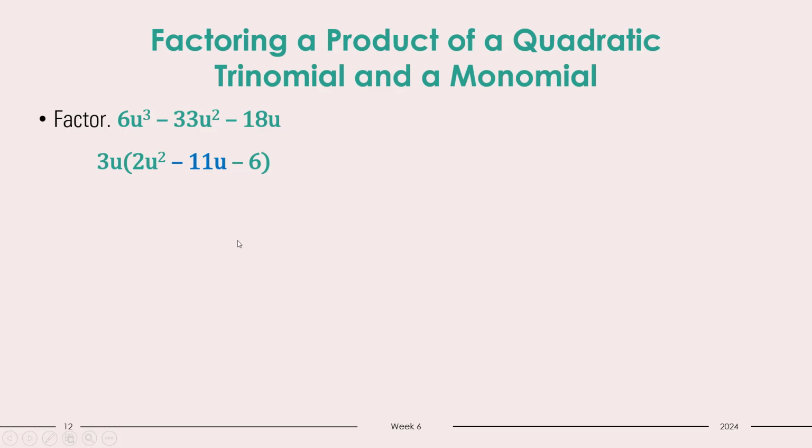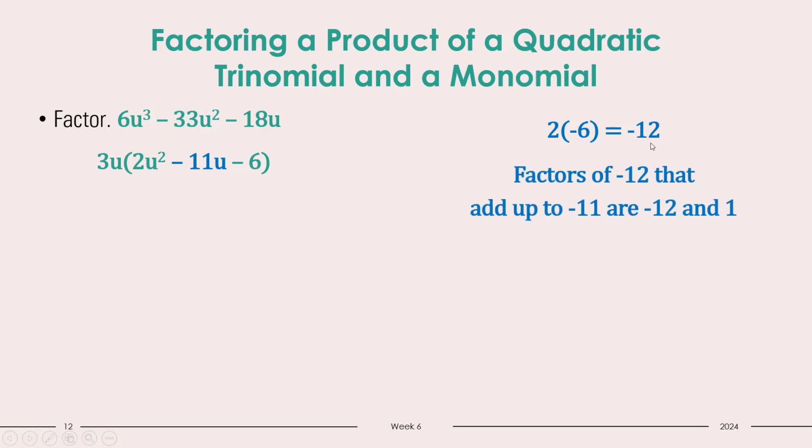Okay. And so now I'm at a point where I'm going to use my AC method. All right. I want to get a sum of negative 11u. I'm going to look at 2 times negative 6. That gives me negative 12.